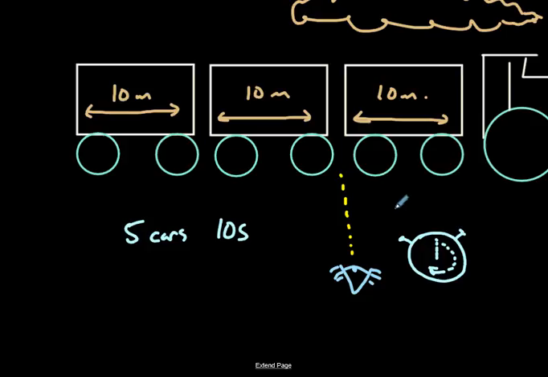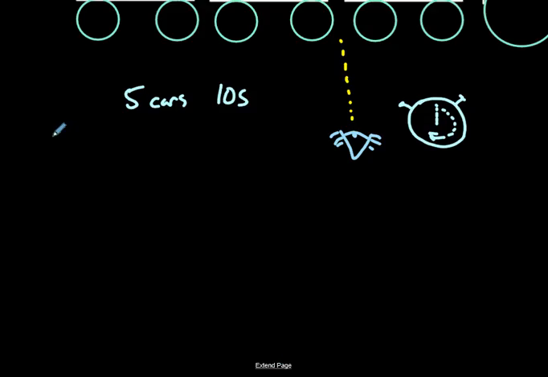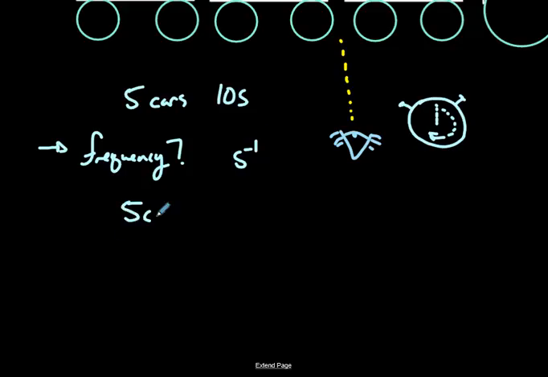First of all, what is the frequency of cars going by? How would I calculate that? Remember, my unit for frequency is the per second. So would I not just say 5 cars go by every 10 seconds, so half a car would go by every second?